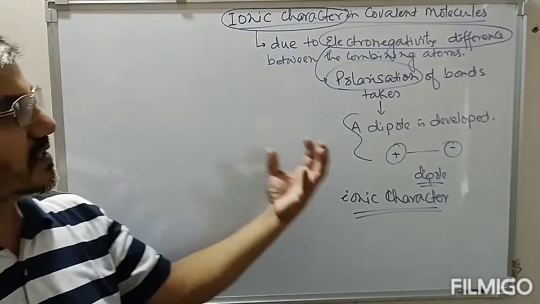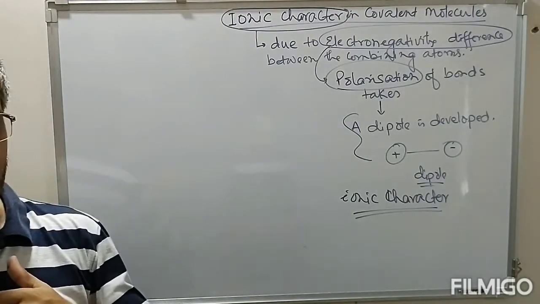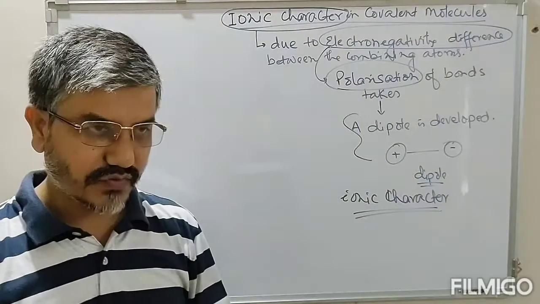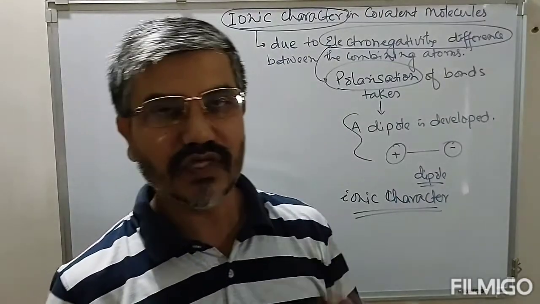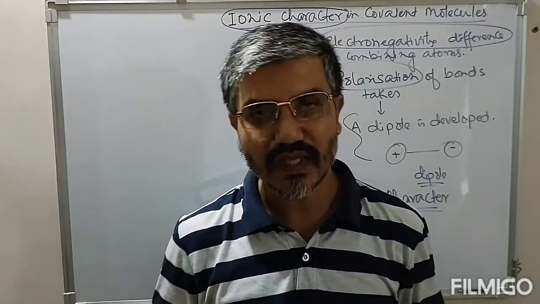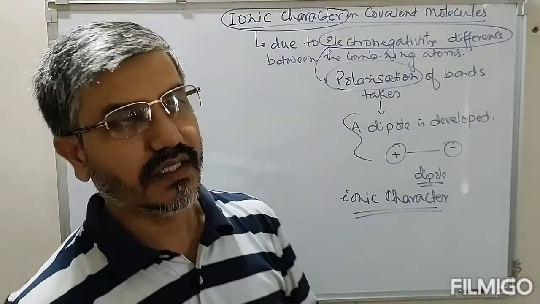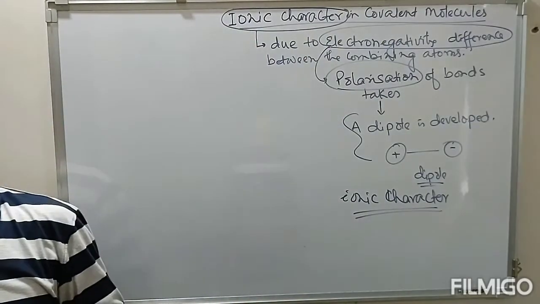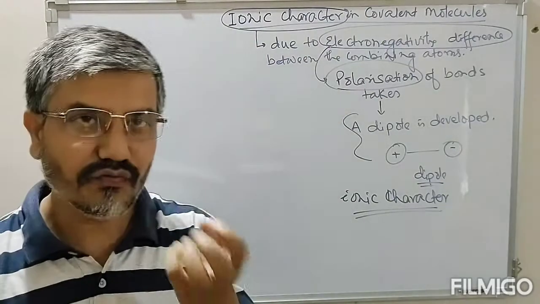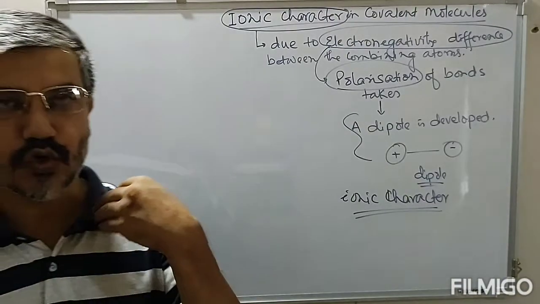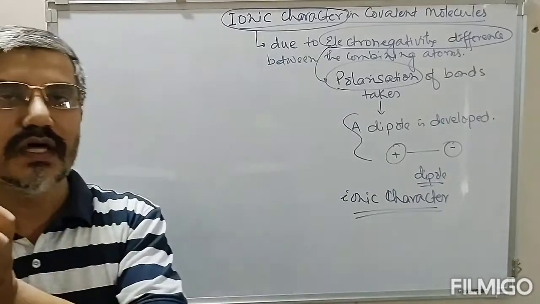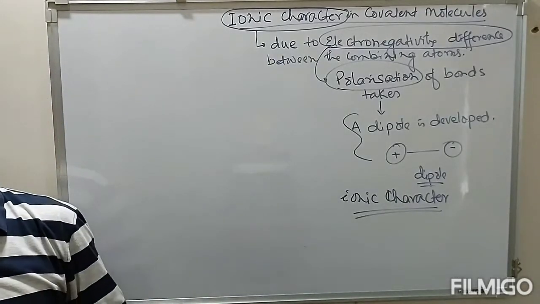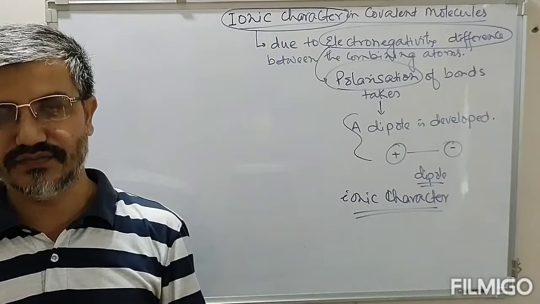So we have developed this electronegativity in the previous lectures while discussing the periodic properties of the elements. We have defined this electronegativity. Now this electronegativity is defined as the tendency of an atom in a covalently bonded molecule to withdraw the shared pair of electrons towards itself.